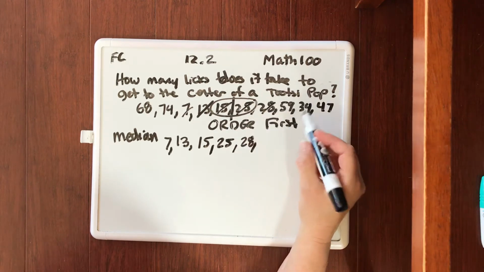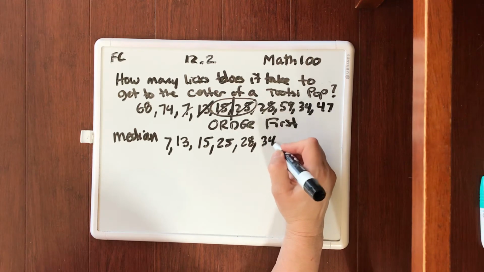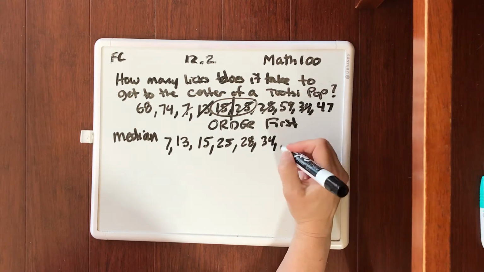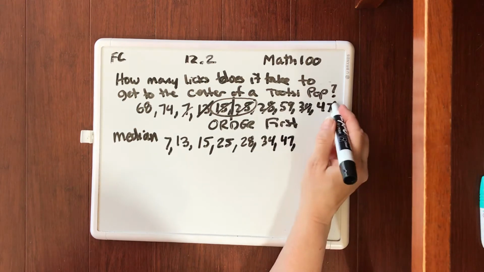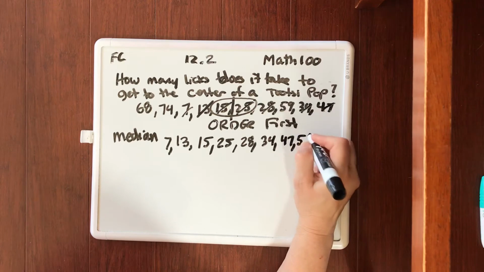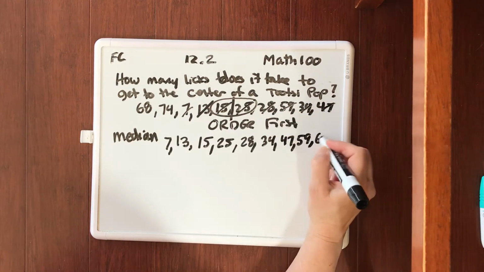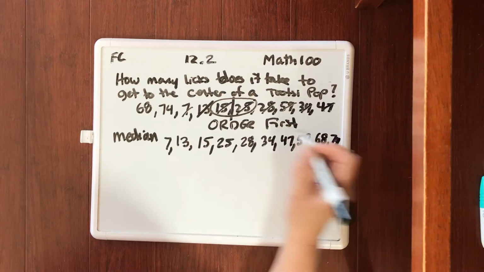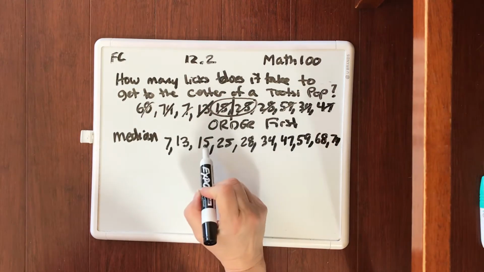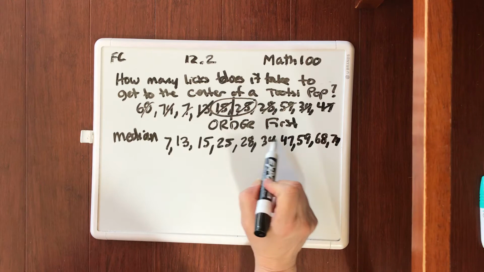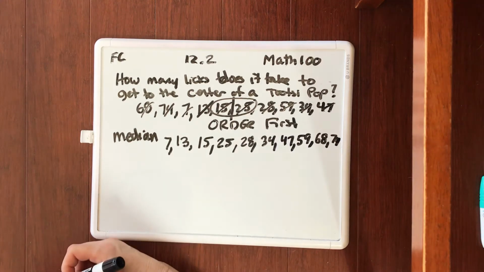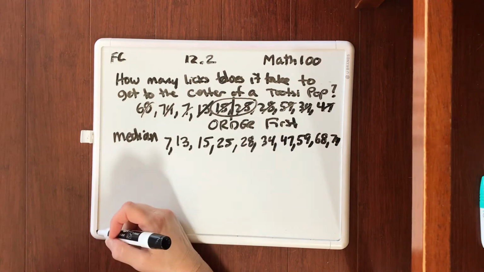And after that, we can see 34 and 47, 59, 68, and 74. And we can count, make sure we got them all. 1, 2, 3, 4, 5, 6, 7, 8, 9, 10. Very good.